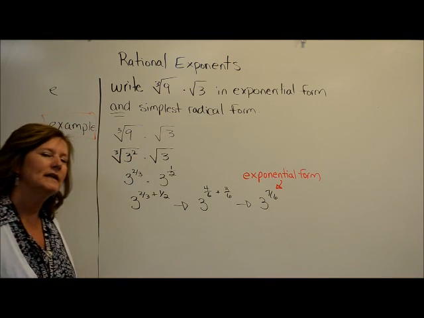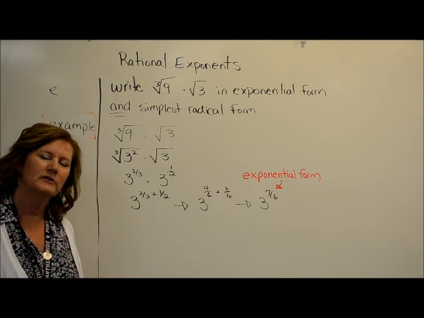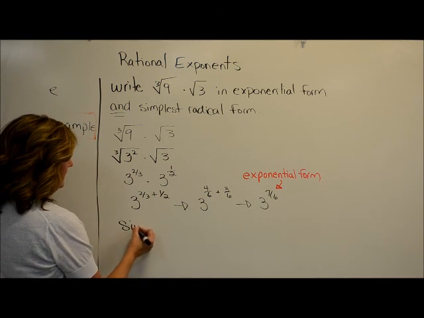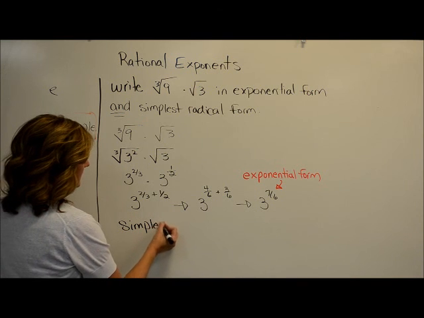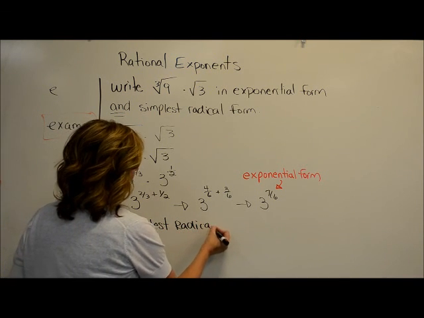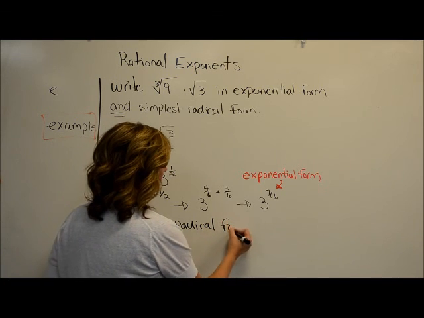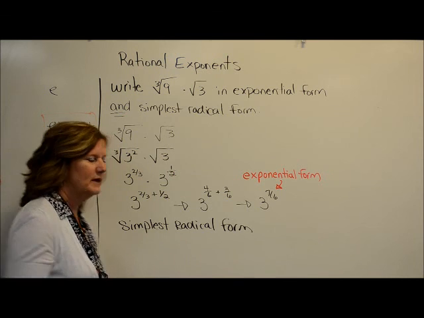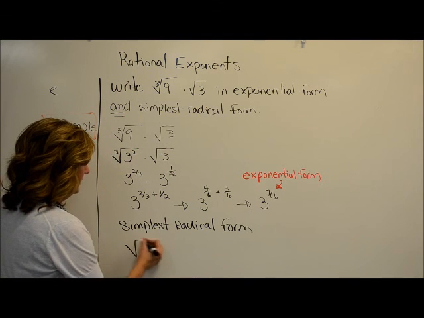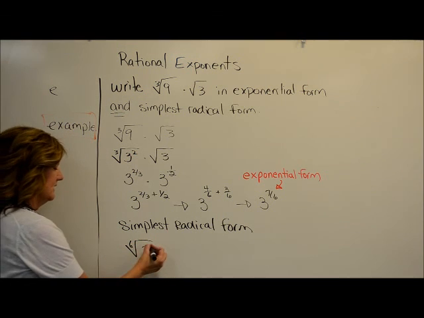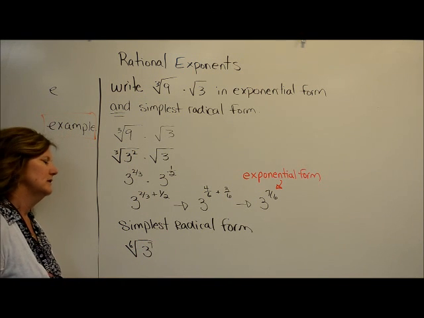They also wanted it in simplest radical form, so I need to put it in simplest radical form. I am going to write that down because these can be a little tricky. It's not just saying radical form, it's saying simplest radical form. So I can write it in radical form. It's not going to be simplified yet, I'll simplify in a sec. So I know my base is 3, I know the denominator is going to be 6, and I have that 7 next to the 3.